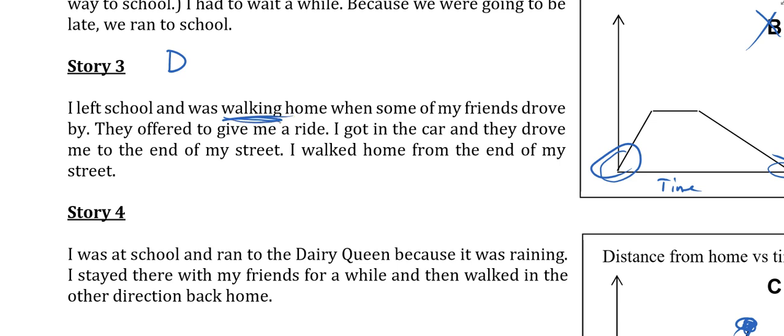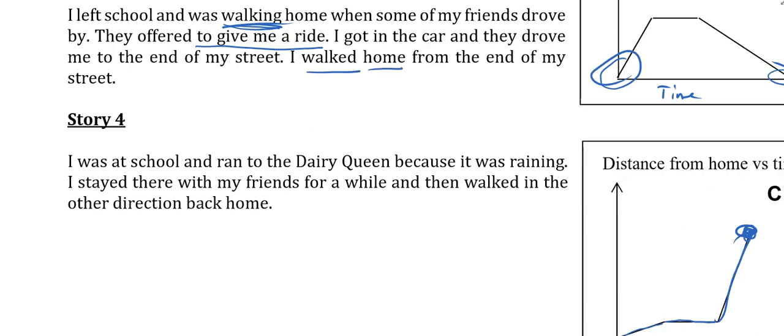So he walked, and then they gave me a ride. What would that be like, a ride? What would that tell us about how the graph should look? It's going to maybe be really steeper because driving's a lot faster. And then I walked again, and I walked home, so it should end at home.